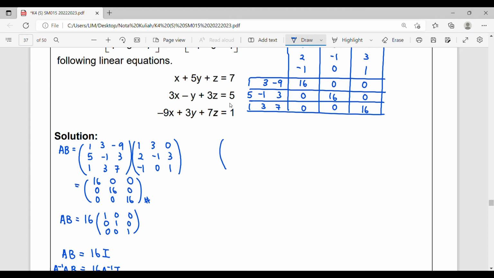So the coefficients of x, y, z will be 1, 5, 1. And then the second equation will be 3, -1, 3. And then the third equation will be -9, 3, 7. And multiply with the matrix of unknowns, where our unknowns will be x, y, z, equals to the answer. The answer here will be 7, 5, 1.